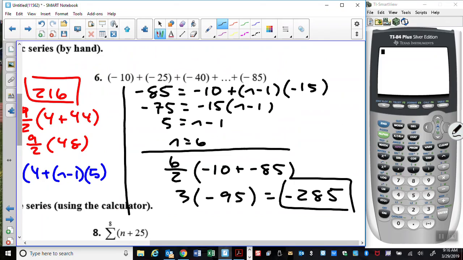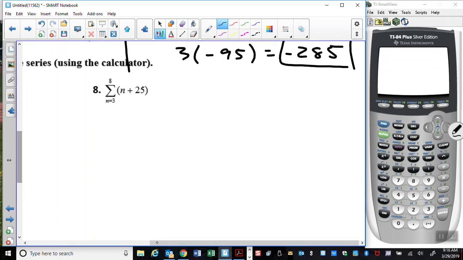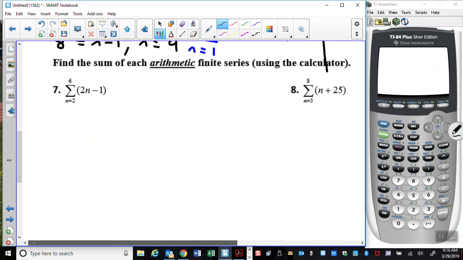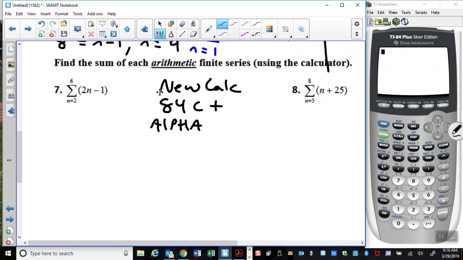All right. So let's go ahead and talk about using the calculator. Again, if you have newer calculators, like the TI-84 CE Plus, this is what you would do. You would just press the alpha button, press F2, select summation.